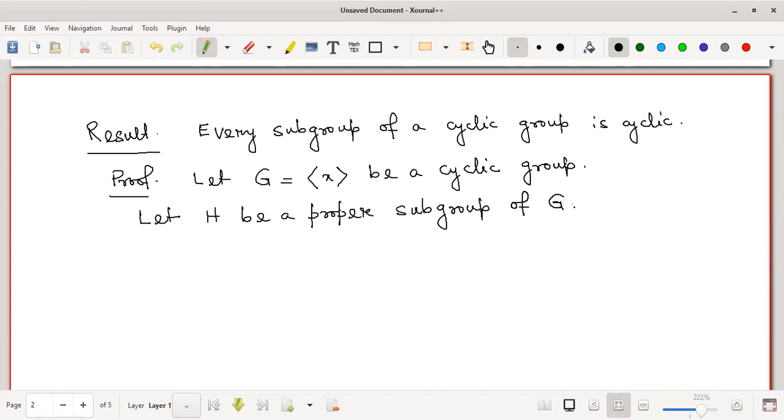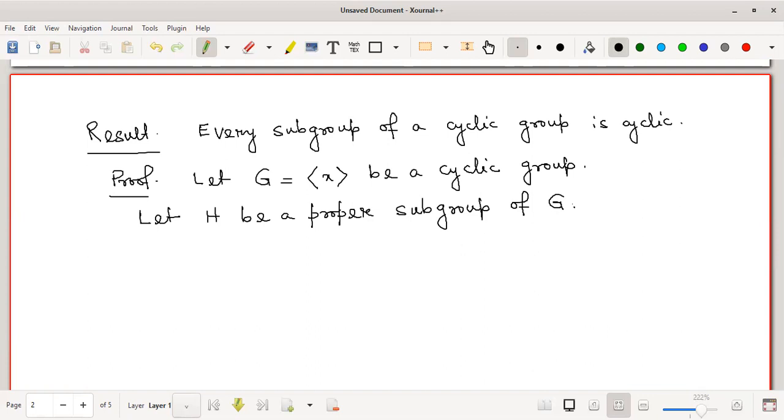If H is improper, then H will be equal to G, and you know that G is cyclic, so H is automatically cyclic. So there is nothing to prove if H is equal to G. So I have chosen H to be a proper subgroup of G. If H contains only the identity element, that case is also clear to us, because then H will be a cyclic group generated by the identity element. So we are done.